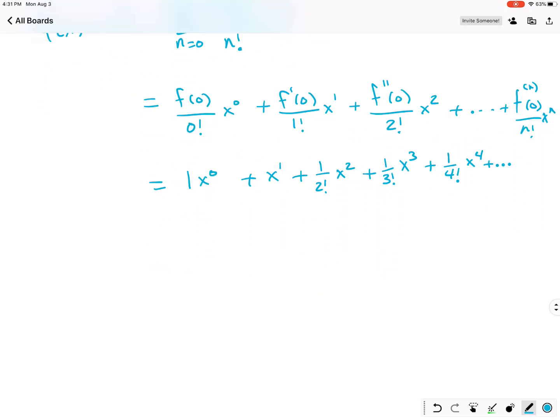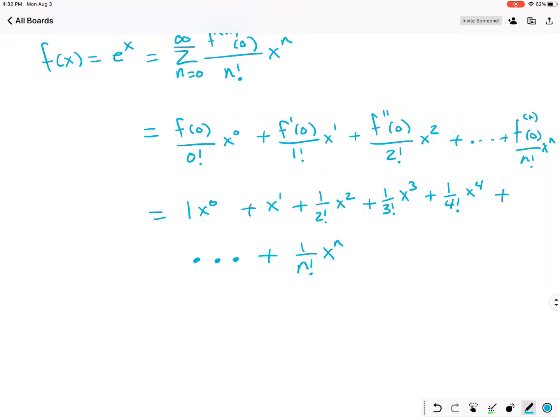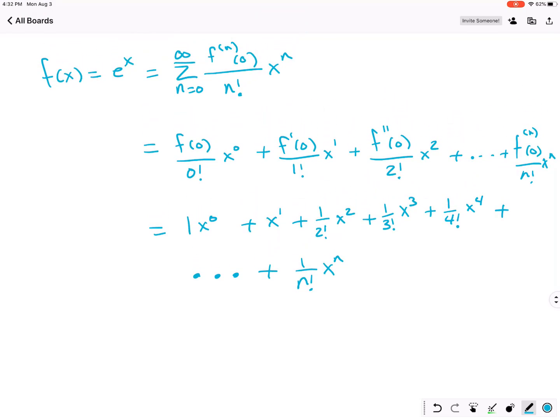The next one will be 1 over 4 factorial times x to the fourth, and that's going to keep going forever until we get to 1 over n factorial times x to the n.